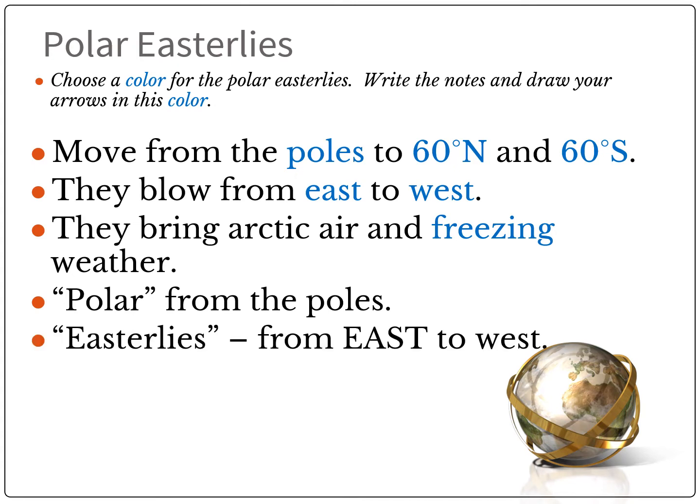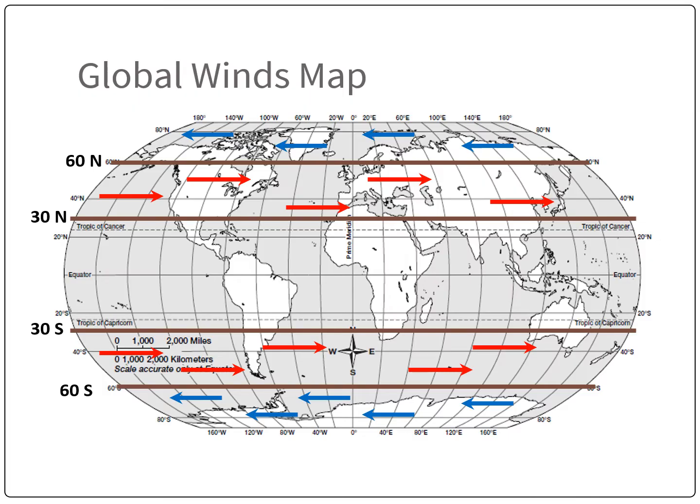And easterlies, we know, means from the east to the west. So get your pencil out because you're going to mark up your map. So if you look at 60 degrees north, you'll see those polar easterlies on the top of your globe, and you'll see those polar easterlies on the bottom of your globe.